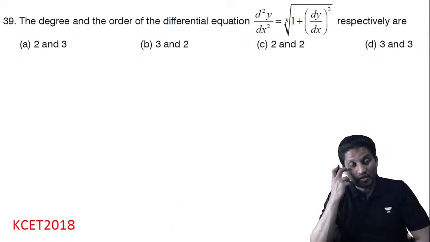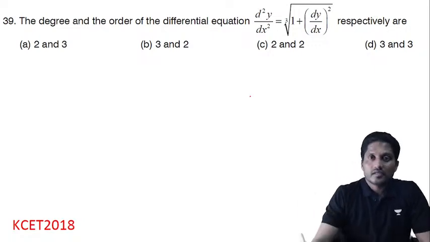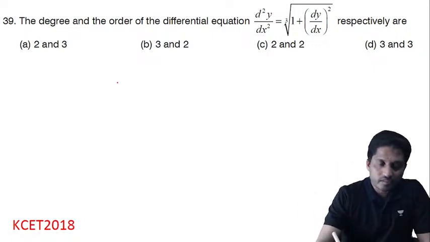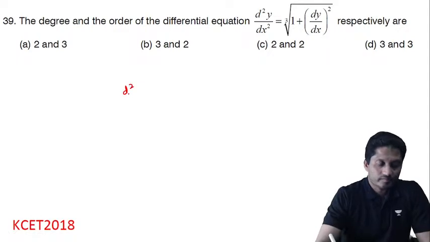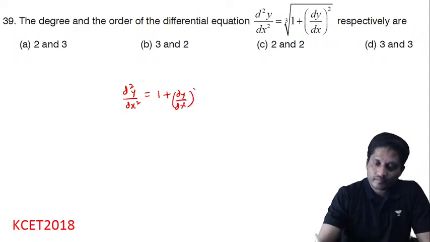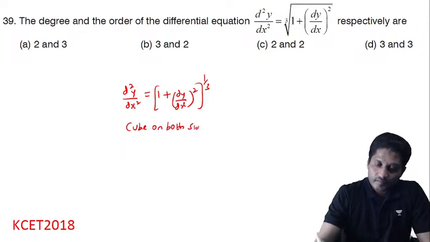The degree and order of the differential equation. This is d square y by dx square is equal to 1 plus dy by dx the whole square, whole to the power of 1 by 3. You cube on both sides.